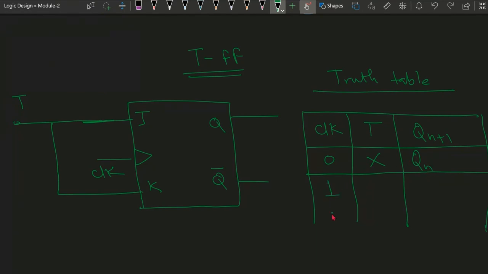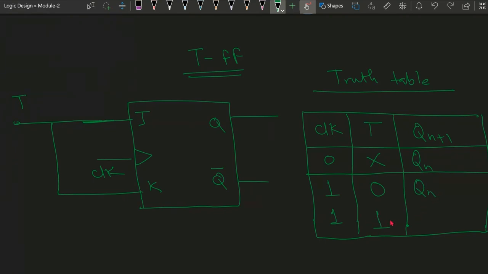When clock is 1, in that case, T is 0 or T is 1. If T input is 0, at that time the output that we will be having is the same value, that is Qn, that is the hold.